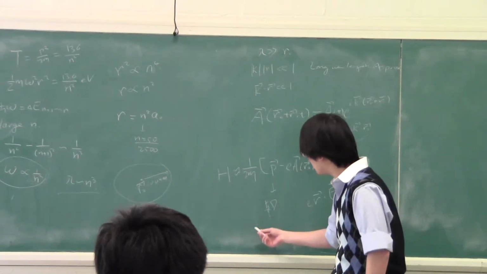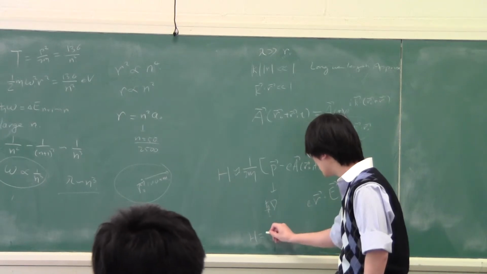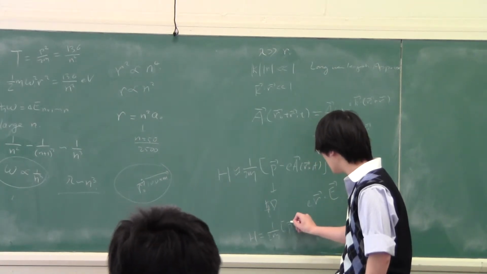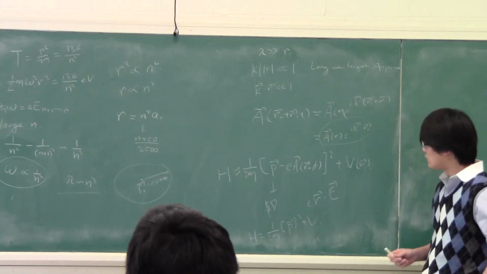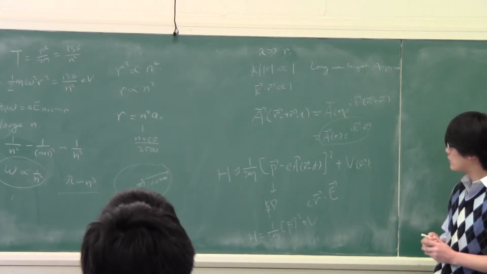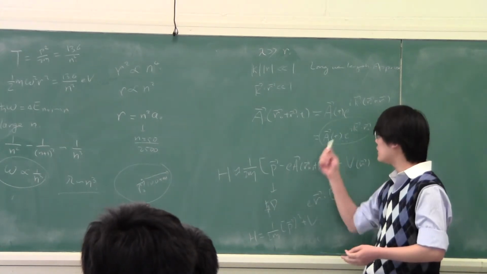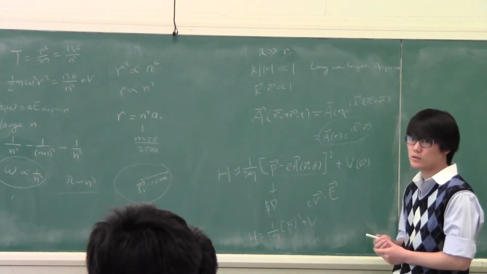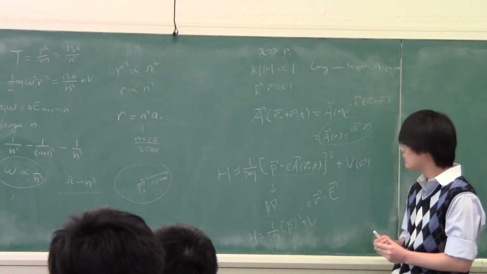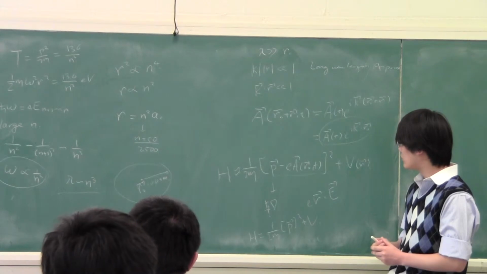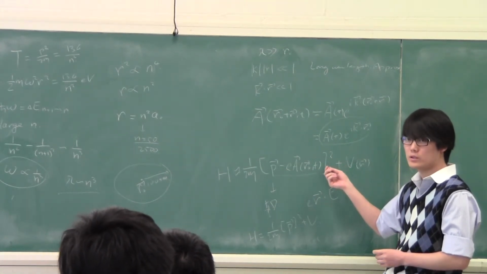Previously, if we had just a normal Hamiltonian, it's something like H equals 1 over 2m P squared plus V. So the effect of coupling to the field in the long wavelength approximation is just that you change the momentum. We know from quantum mechanics that the momentum is conjugate to the position.